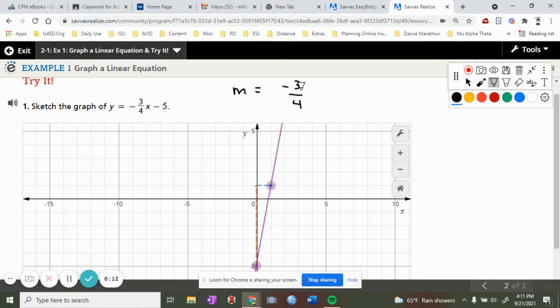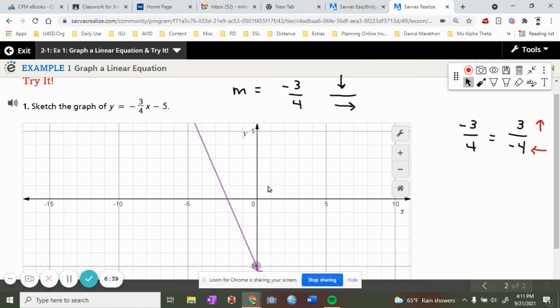So our negative direction, instead of going up 3, we're going to go down 3 and then right 4. Or, we can reverse that because a negative over a positive is the same as a positive over a negative. So I could potentially go up 3 and then left 4. So that's what I'm going to do so it fits on my graph.